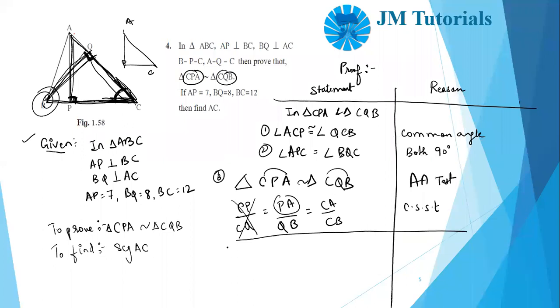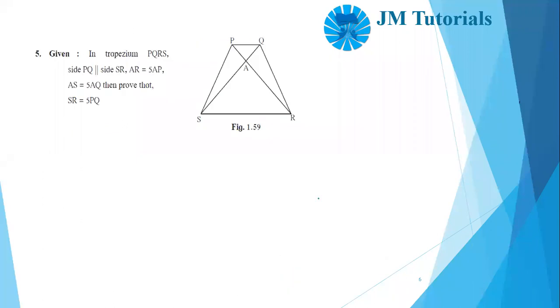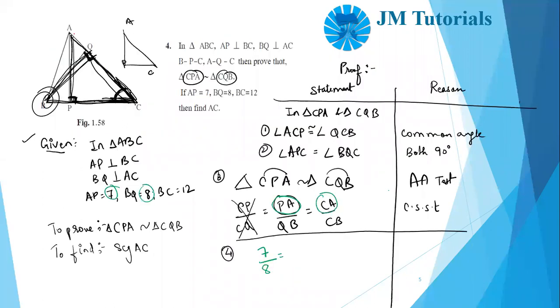Now, you can draw a line if you want, or you can continue, because one part you have already finished. Okay. What is AP? AP is 7. What is QB? QB is 8. What is CA? Is CA given? No, CA is asked. AC or CA, whatever you want to call it.